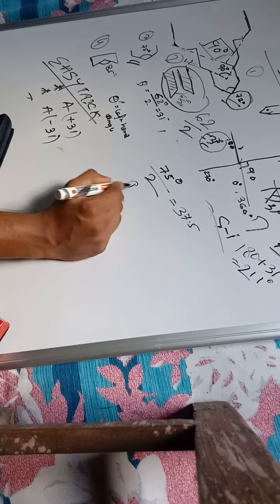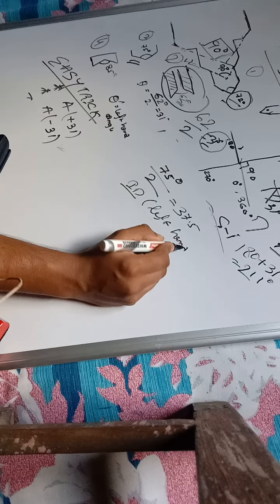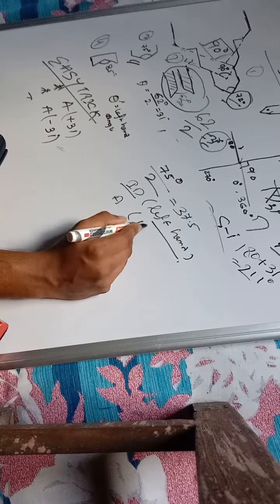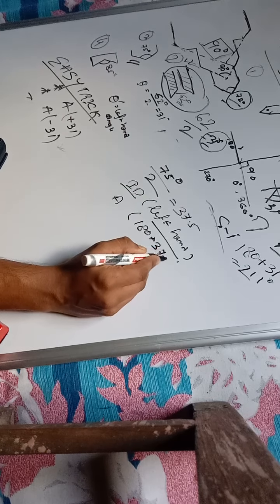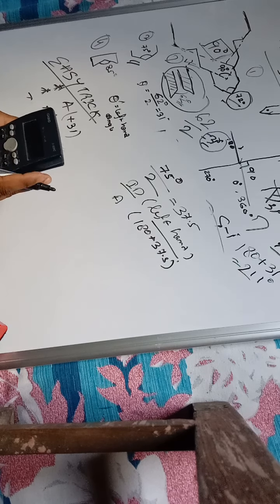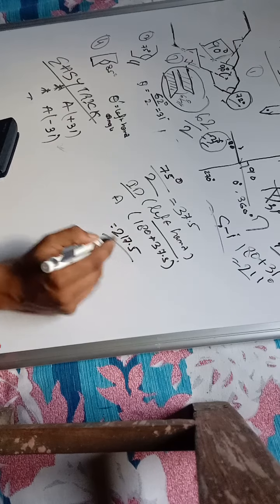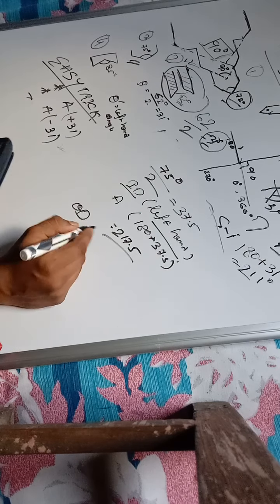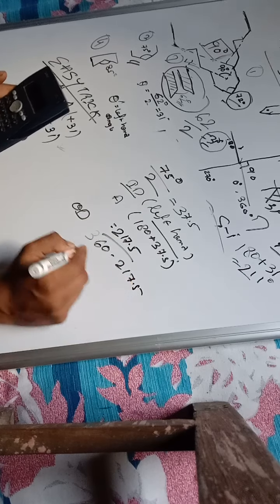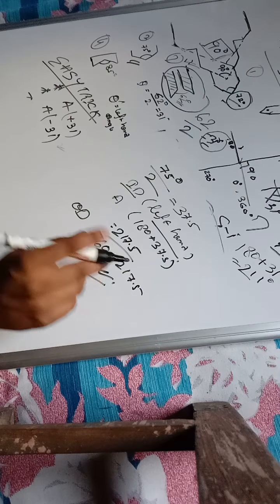If we use ID block, especially for left hand, the angle will be 180 degree plus 37.5, that is 217.5. And in case of OD, just 360 degree minus 217.5. You will get the required value. That is the conventional method, you can do it.